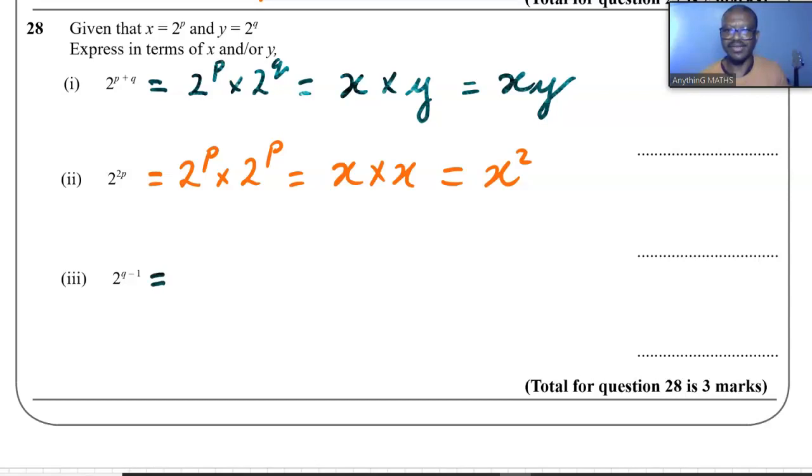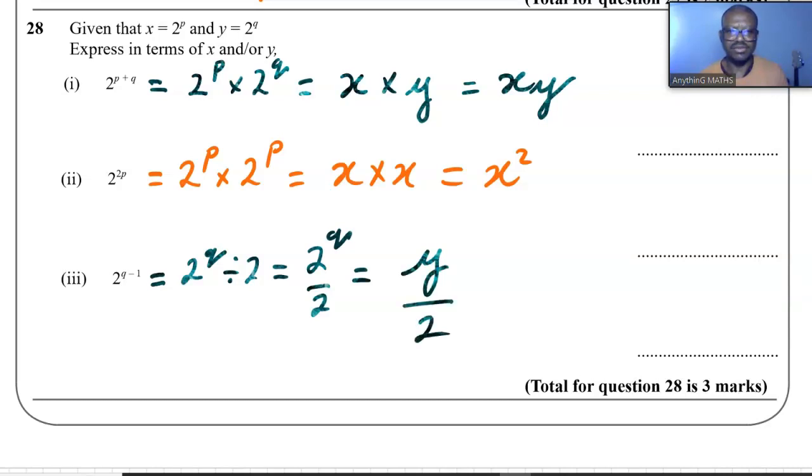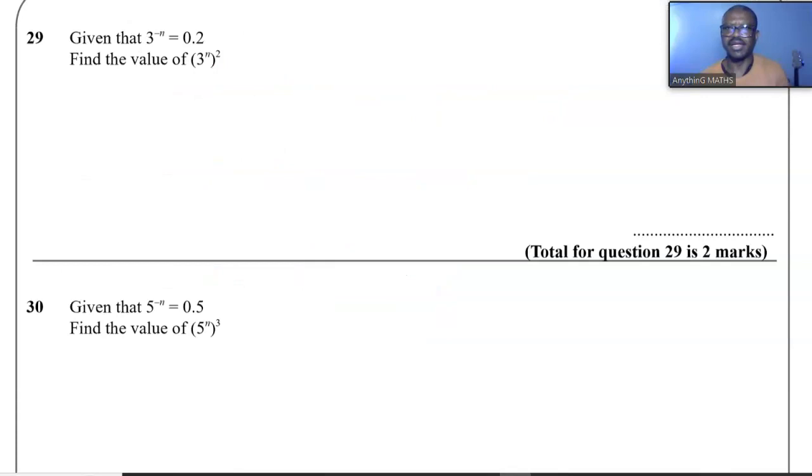We can also write this as 2 raised to the power q divided by 2, which is equal to 2 raised to the power q, divided by 2. 2 raised to the power q is y, divided by 2. So you've been able to express what you've been given in terms of x and y. I love these sort of questions.